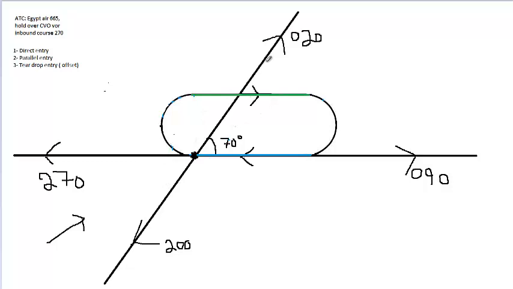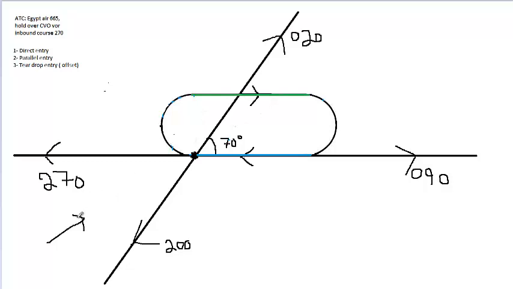The direct entry is a 180 degree sector, the parallel entry is 110 degrees, and the smallest one is the teardrop entry sector, which is only 70 degrees wide.